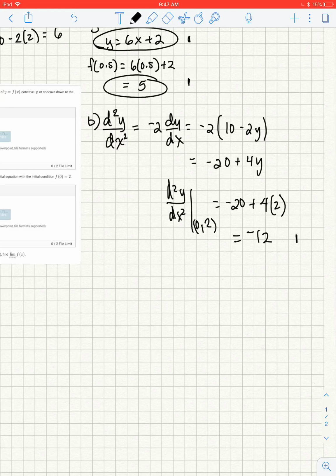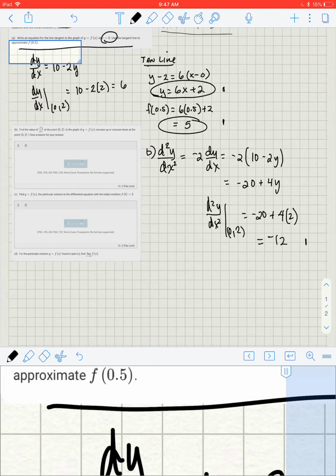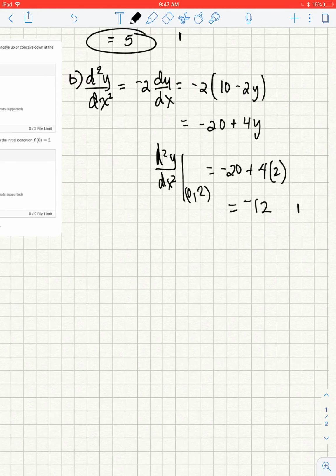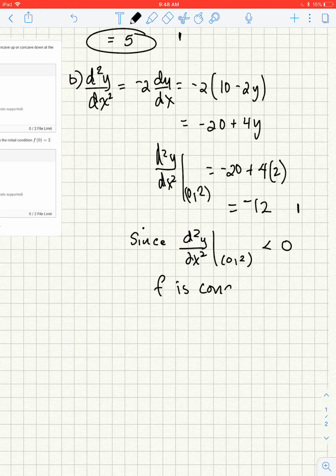The next point that you get is determining whether it's concave up or down, and the reasoning behind it, okay? So since d squared y over dx squared at (0, 2) is negative, f is concave down.